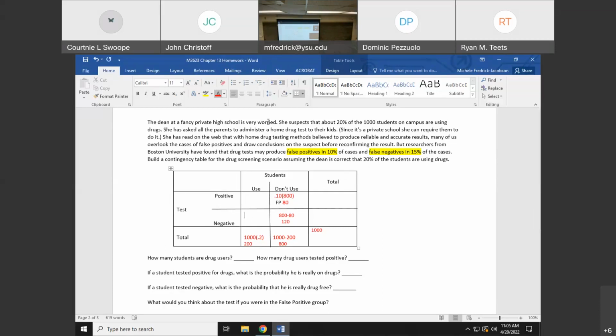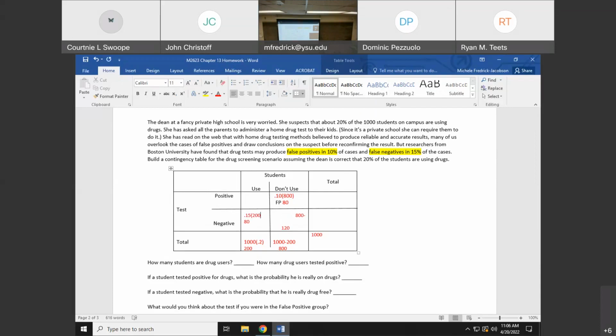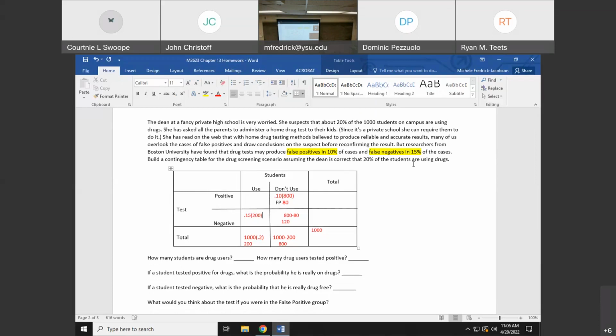Because we took 15% of the number below it, the 200, which is 30.